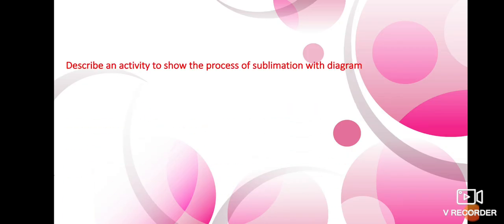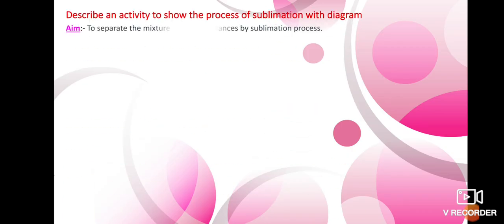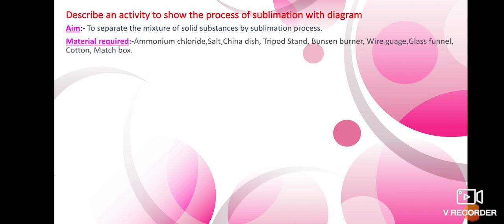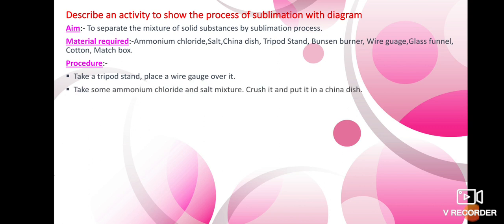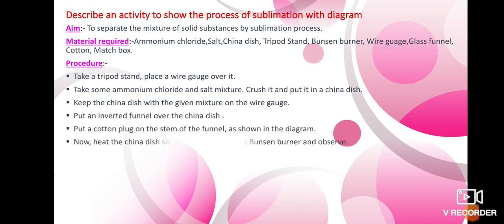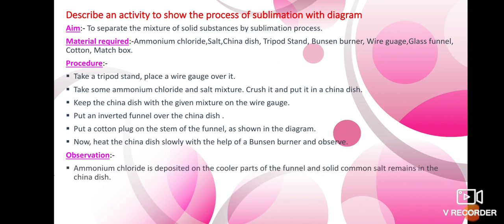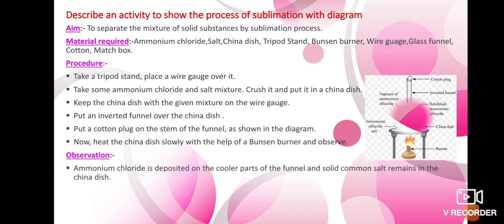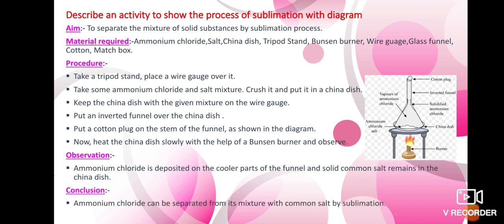Now let us know how to write the sublimation process in an experimental manner. In the exams, if they ask the question, describe an activity to show the process of sublimation, using a diagram also. They will ask like this, so for that purpose we have to note the experimental procedure.